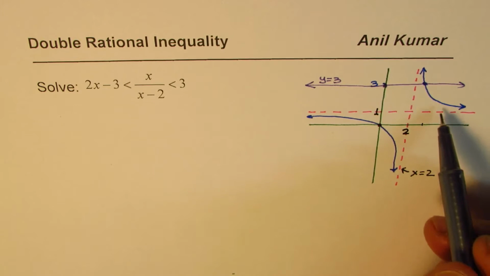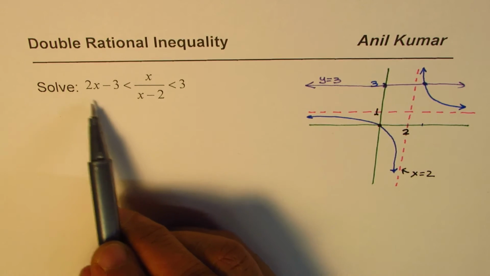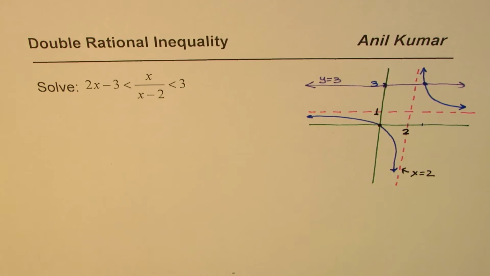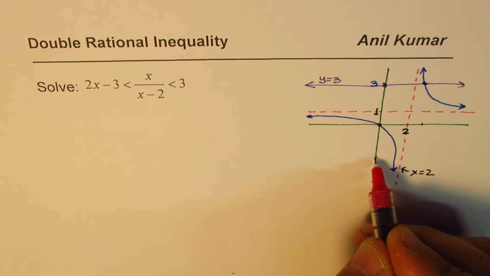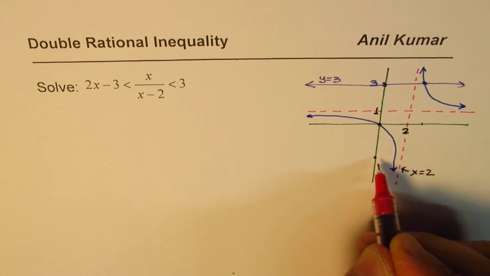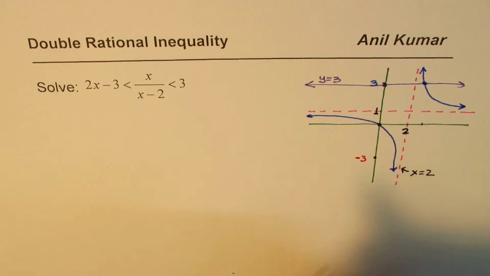Is that okay? The other part is this straight line 2x minus 3. Let me get another ink to represent 2x minus 3. Let's use the red one. 2x minus 3 means that we have a y-intercept of minus 3, right?